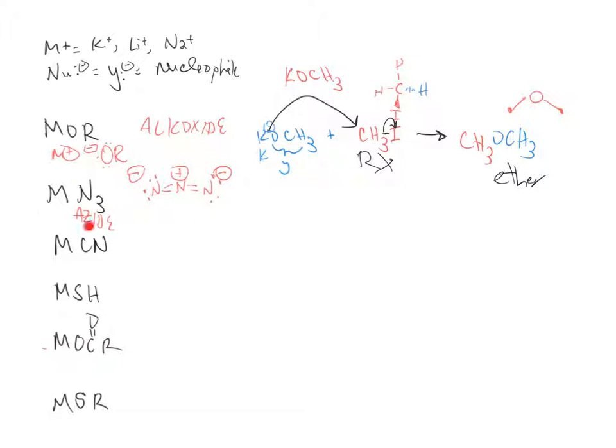So if we look at the MN3, which part of that's going to be the Y? The N3, okay? Because on this one, it doesn't matter what the M's are. You just look to see where we have the lone pair electrons. And on this one, where's the lone pair electron? It's the N3. It's one of the terminal nitrogens, okay?